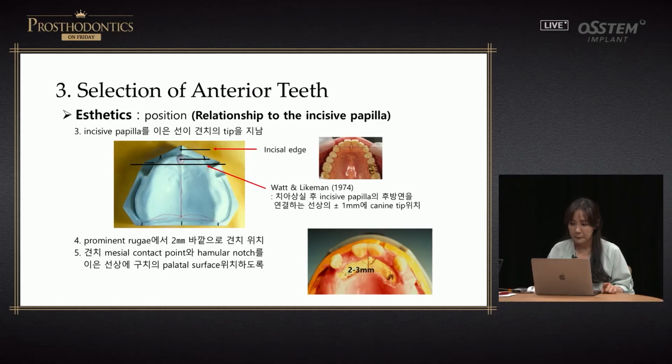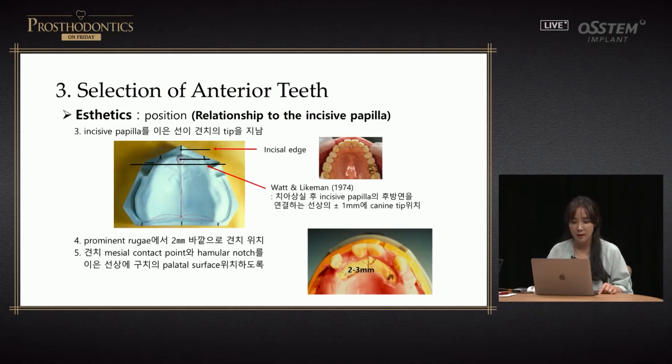Another tip, canines are positioned 2 millimeters outside from the prominent rugae. So this is another checking point when you check the teeth arrangement performed by yourself or by someone else. There are slight variations among patients, but these can be checked as landmarks when you check the arrangement.